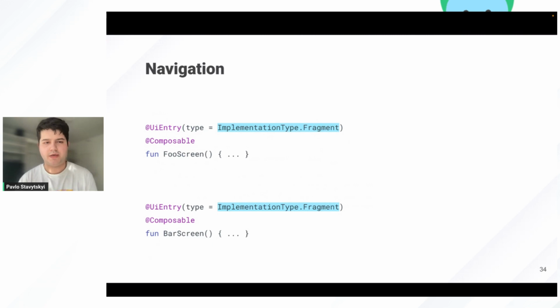And again, we have navigation. So let's get back. We have a full screen and a bar screen, which are two composable screens, but in fact, they're two fragments, and those fragments just use those composable functions as their content. When we want to navigate from one screen to another, most likely we'll use a fragment transaction under the hood.